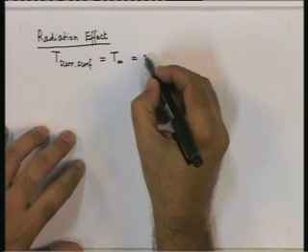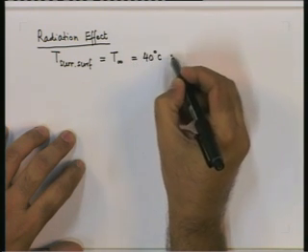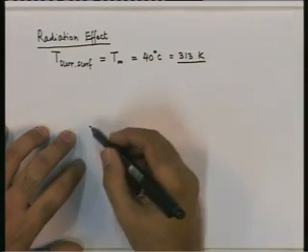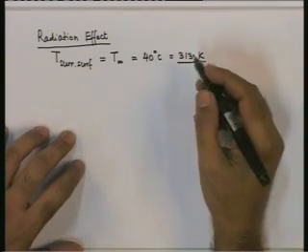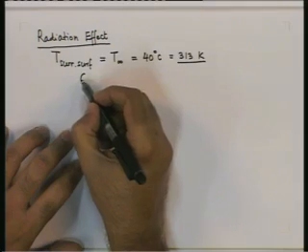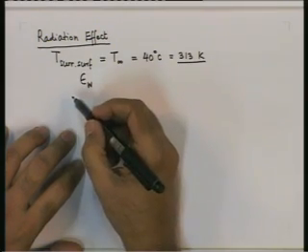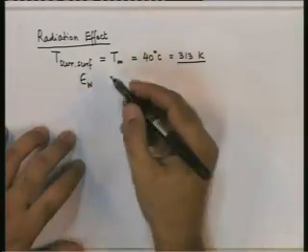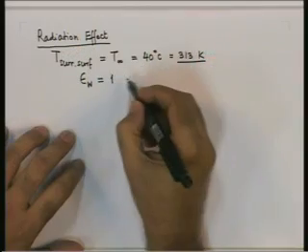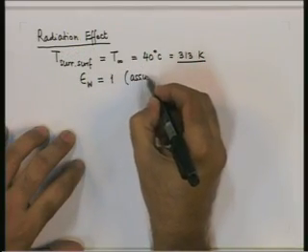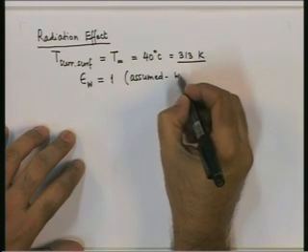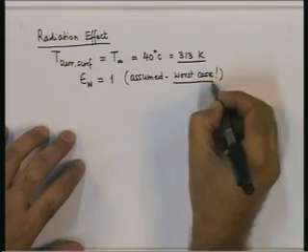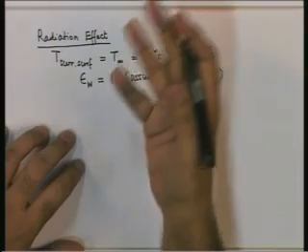So this turns out to be 40 degrees C, which is 313 K. This is an assumption. Also, we need the emissivity of the wall. Let us assume the worst case. In the worst case, let us assume that the wall is black. So the emissivity is 1. This also is assumed as a worst case. Okay, it can't be higher than this.